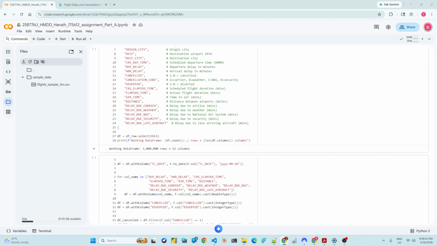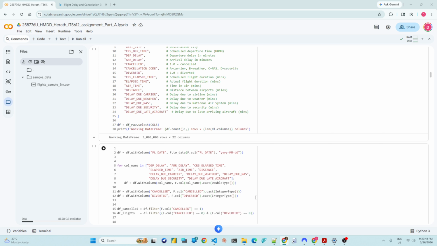I separated cancelled flights into their own data frame for cancellation-specific analysis, and I filtered the main data frame to keep only non-cancelled, non-diverted flights. Then I dropped rows with nulls in the four essential columns.